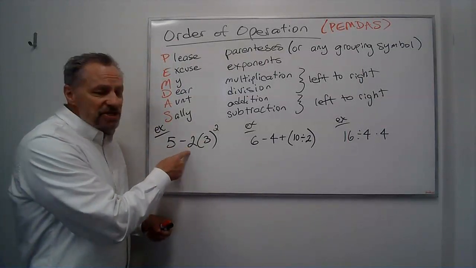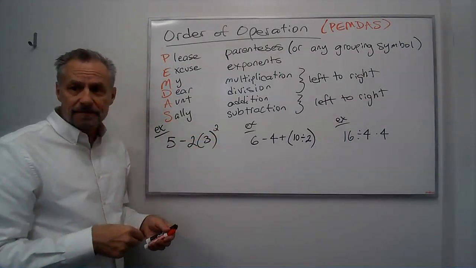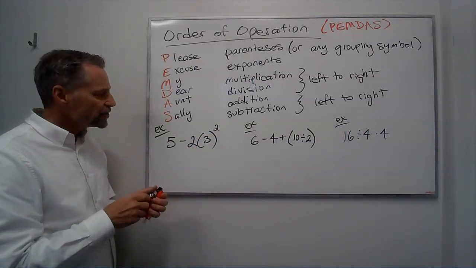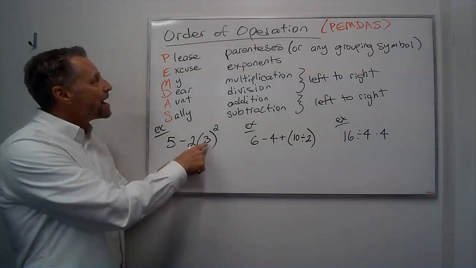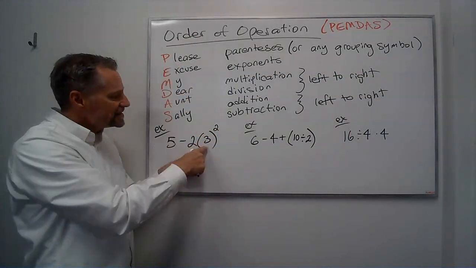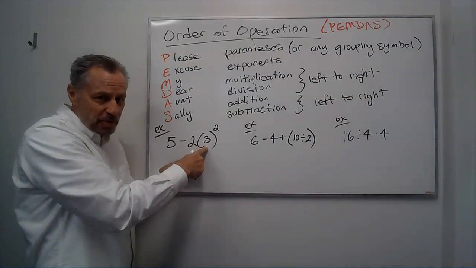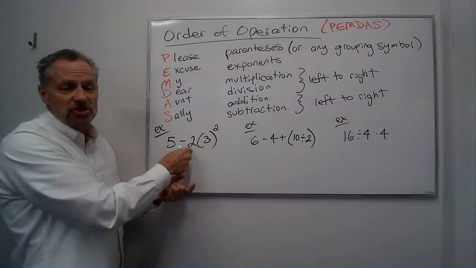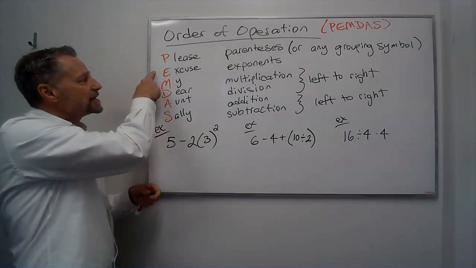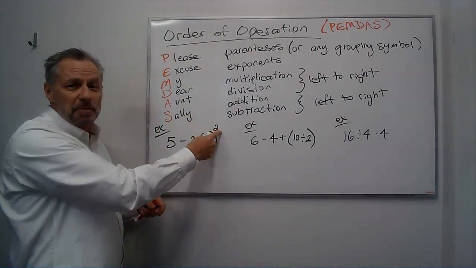So I have 5 minus 2 times 3 squared. Now, the first thing we're going to do, we make the square a little bit better so you can see it. Oh, P, parentheses. Well, there's nothing to do inside the parentheses. So that parentheses is just separating, meaning this is 2 multiplied by 3. So I go down to E, exponents. Oh, the exponent 2.